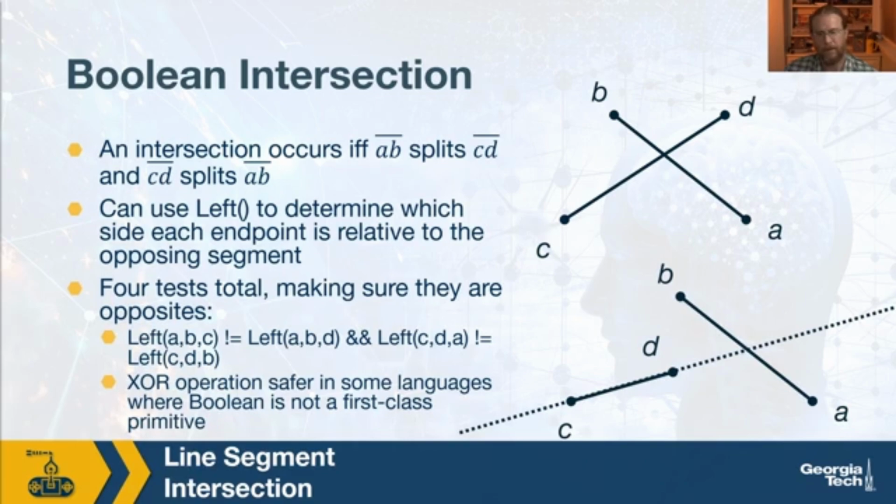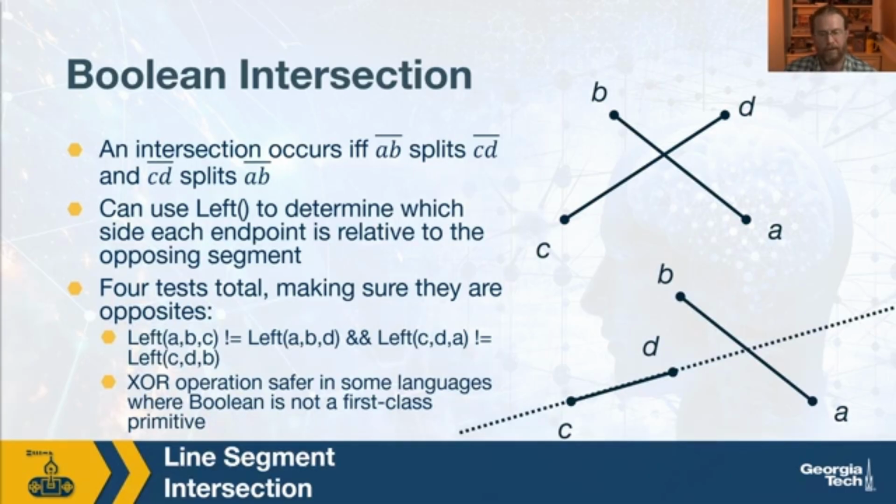But if you do the same thing with A, CD and CA, you'd find that CA goes to the right side because you get a negative value. So we could say that in that case CD splits BA, but you also have to test the other way around.